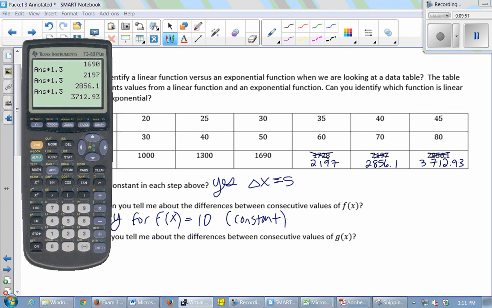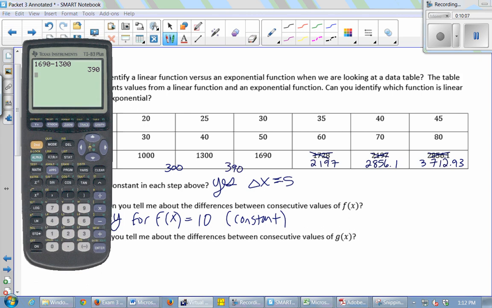All right, so if I look at the difference between each set of numbers, 1300 minus 1000, the difference is 300, right? 1690 minus 1300 is 390.